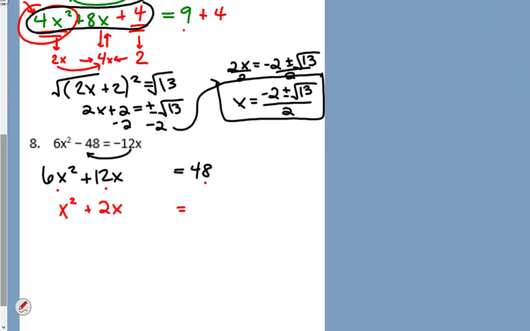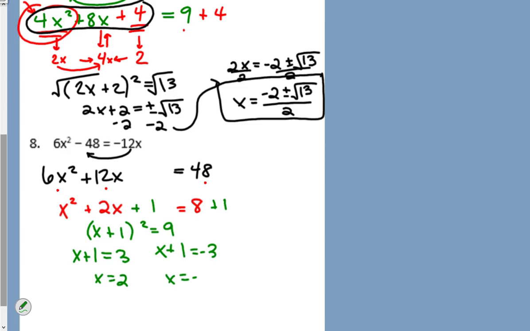Divide this by 6, I get 8. Then we can continue with completing the square. So I'm going to add in a 1 here, add in a 1 there. Subtract 1, and there's our 2 answers.